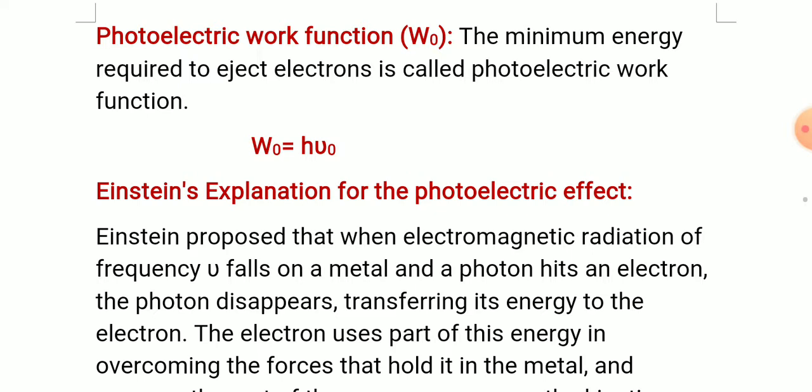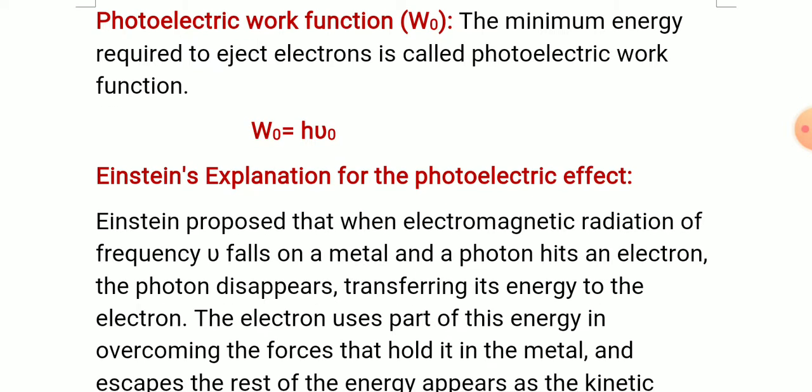Now, work function. What is work function? Work function is represented by W0 or omega 0. The minimum energy required to eject electrons from the metal surface is called photoelectric work function. So what is work function? The minimum energy. It is actually energy.